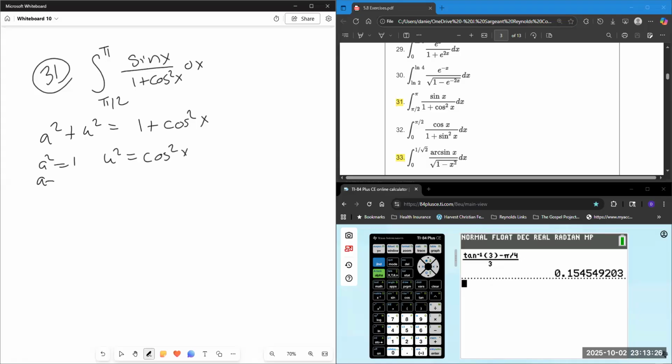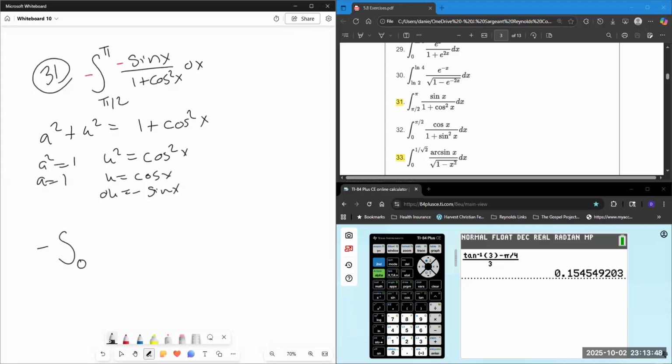A is 1, u is cosine of x, du is a negative sine x, so I need to fix that here with a negative and a negative. So that's going to give me negative integral of, if I stick in pi over 2 to u here, cosine of pi over 2 is 0.